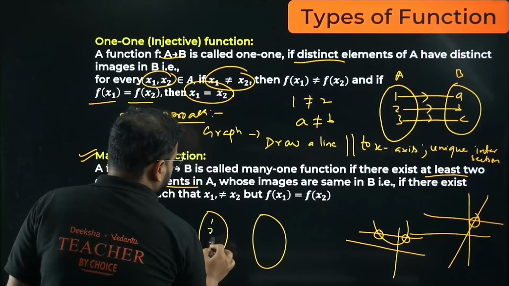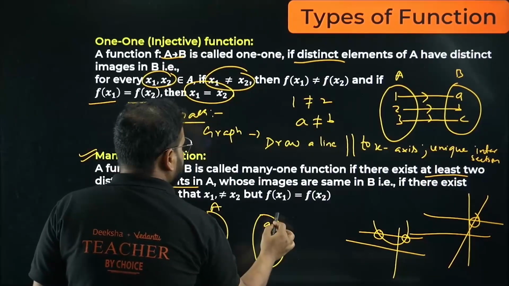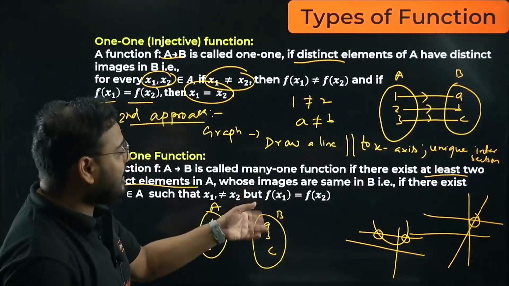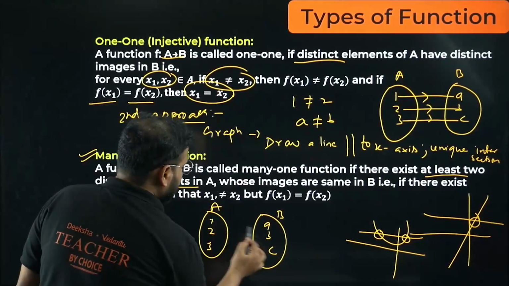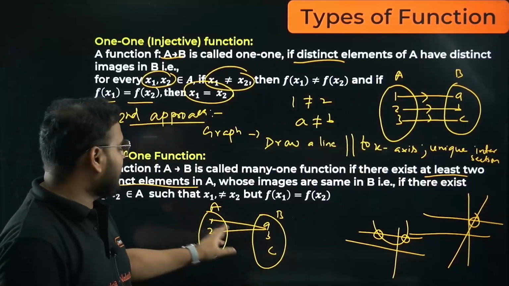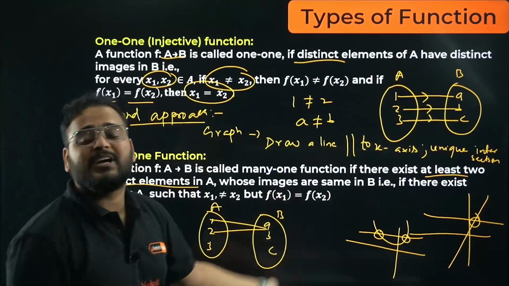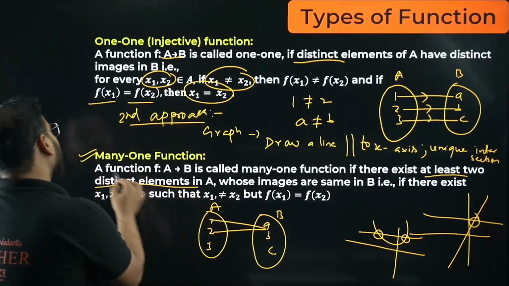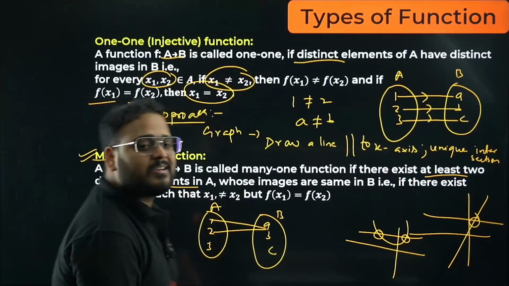If I write 1, 2, 3 and A, B, C, again this is set A and set B. So at least 2 elements in A have the same image in B. Like this, 1 and 2 both have image A only. So the image of the elements 1 and 2 both comes as the element A of set B. Then it's called a many-one function, many to one.